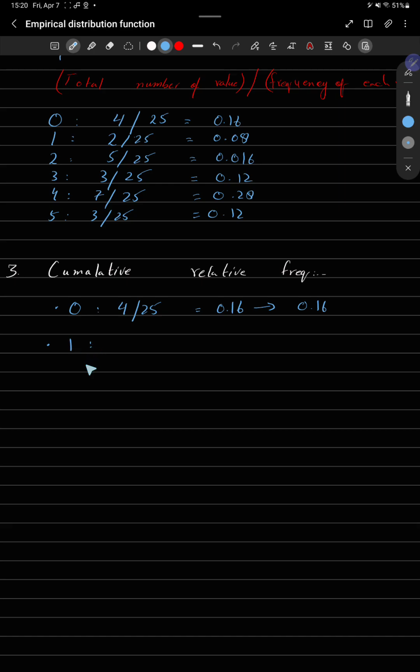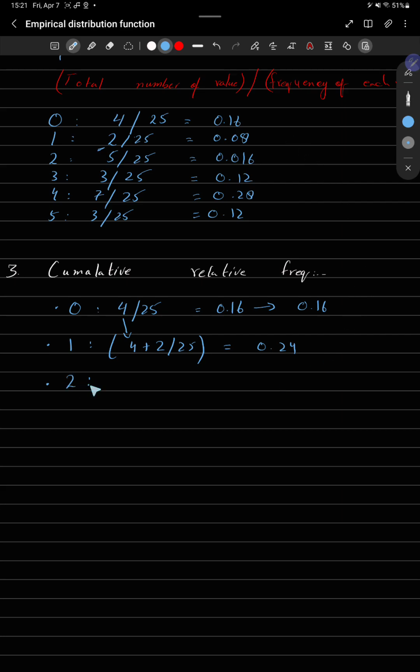For 1, we take 4 from above, 4 plus 2, and divide by 25, and the answer here is 0.24. Now see, our cumulative frequency is different from our relative frequency.